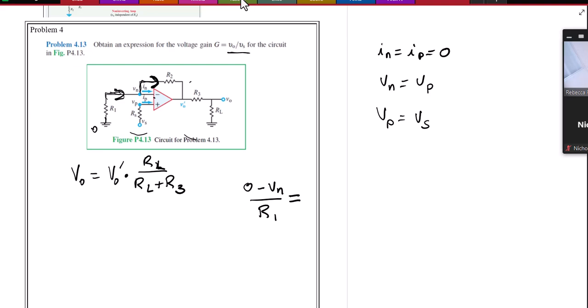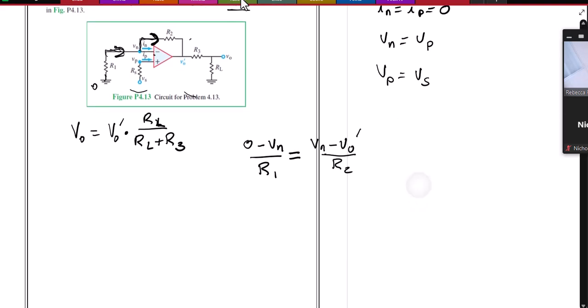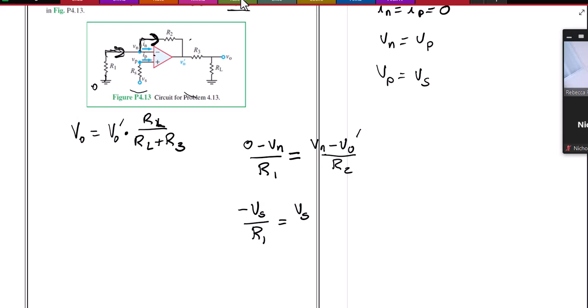That has to equal the current from VN to V out prime, so that has to equal VN minus V out prime over R2. We know VN equals VP, and we know VP equals VS. So I can write this as minus VS over R1 equals VS minus V out prime over R2.